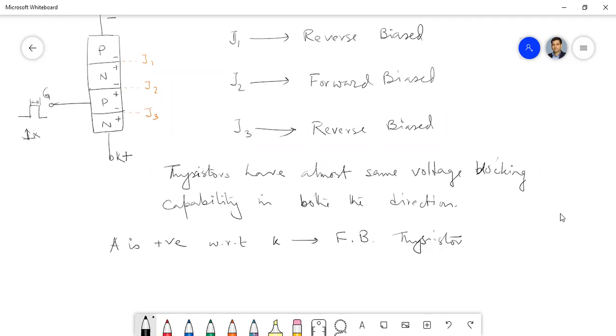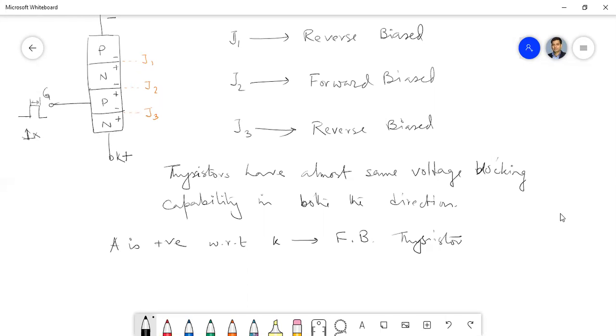So if we apply a positive gate to cathode voltage in the form of a pulse, then this thyristor starts conducting. How that happens, and why only a pulse is required and not a continuous voltage signal in the gate, I will discuss later, with a different topology.